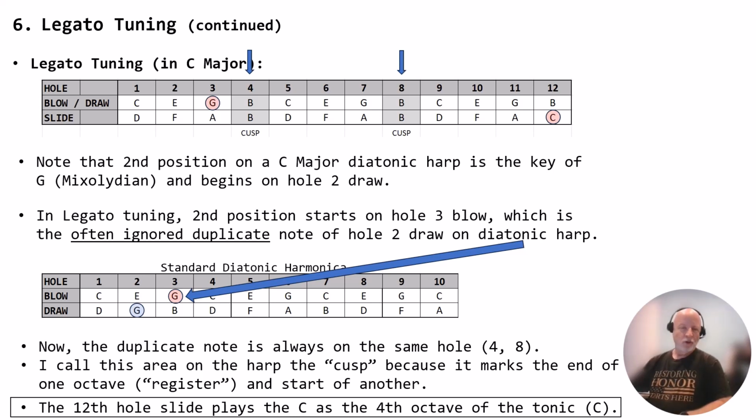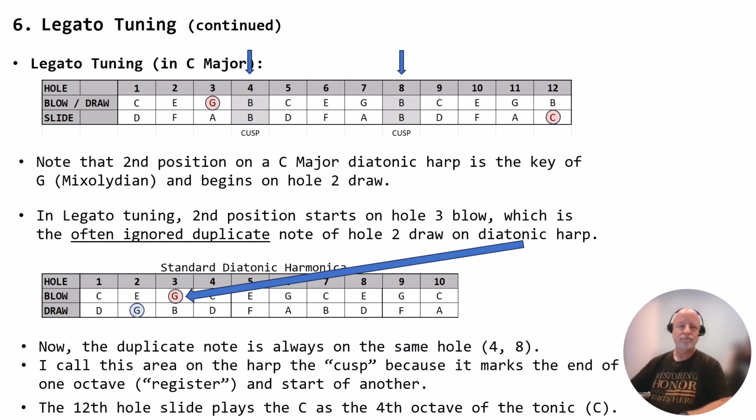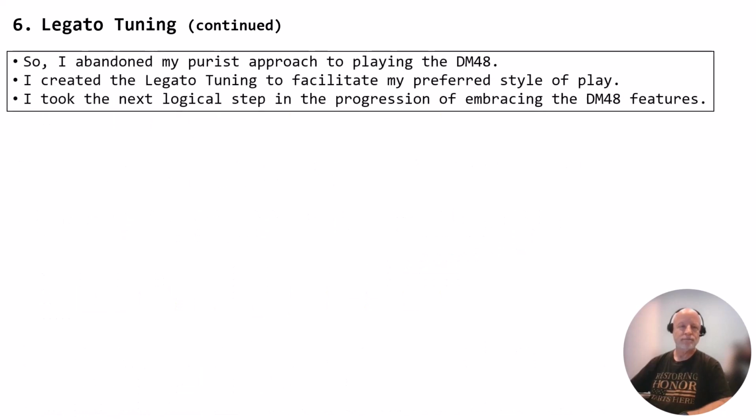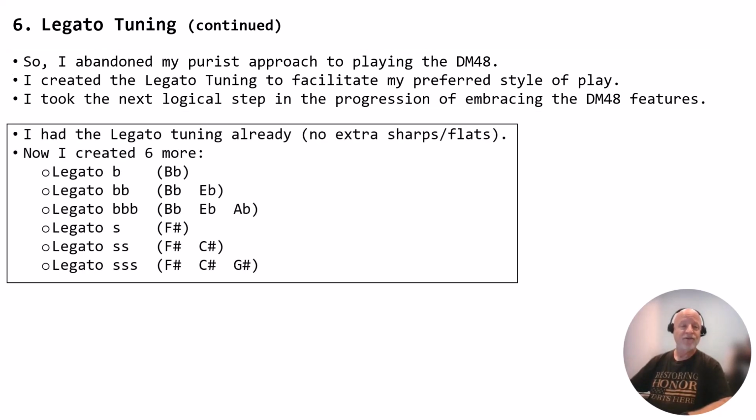So instead of duplicating the B like in holes 4 and 8, I made a compromise just so you can get that C. So I abandoned my purist approach to playing the DM48. I created the legato tuning to facilitate my preferential style of play, and I took the next logical step in the progression of embracing the DM48 features.